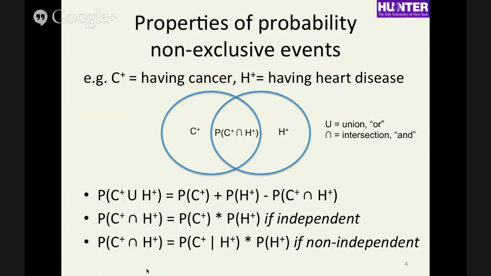So now, since these are not exclusive, the probability of the union is not just the simple sum of the two probabilities. You remember on the previous page, the probability of this union was just this simple sum, right? But now you're counting that twice if you take that sum, if you add up the area or the probability of this circle and this circle. So you have to subtract it off again.